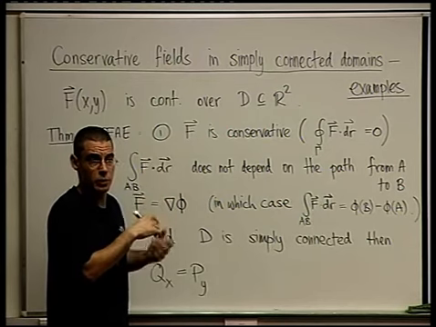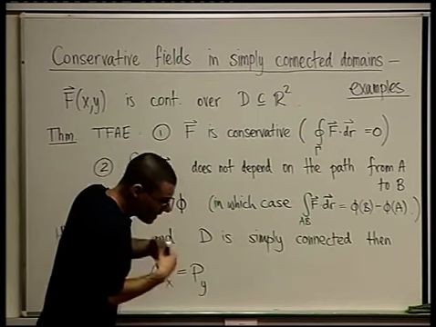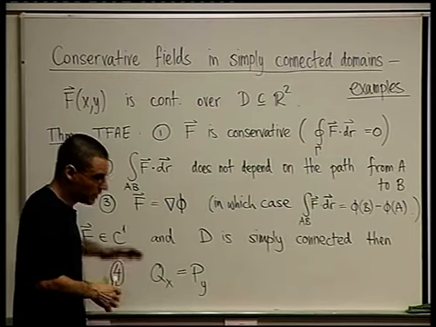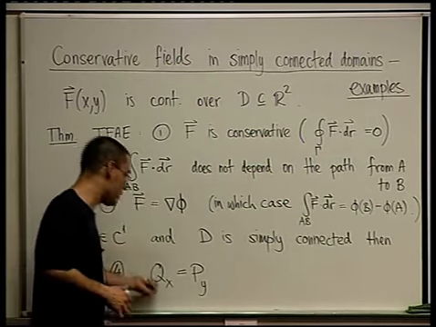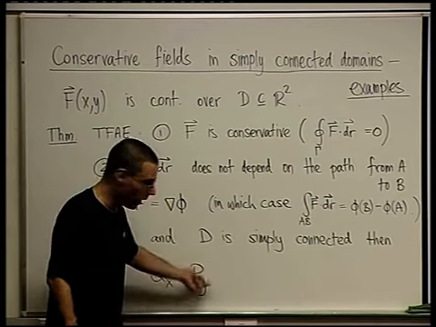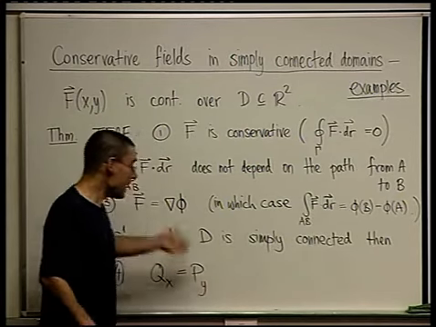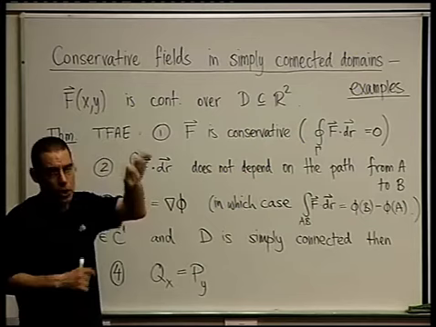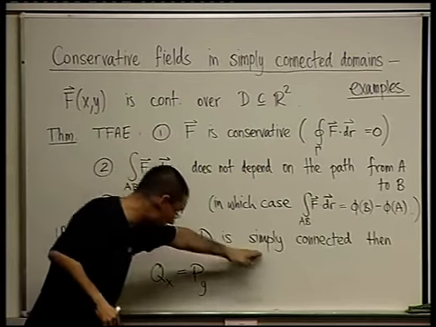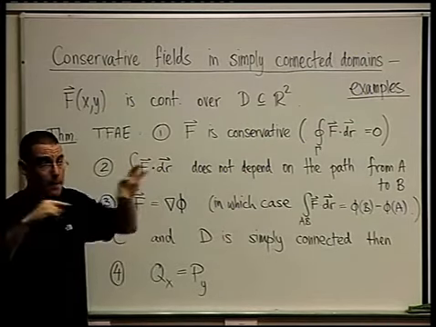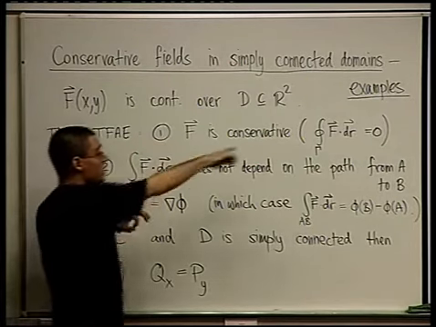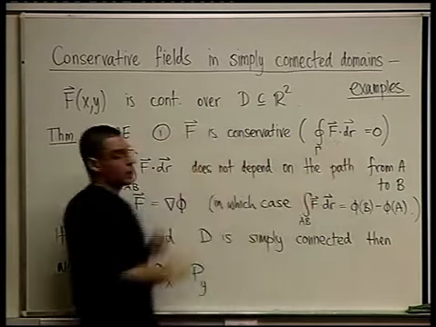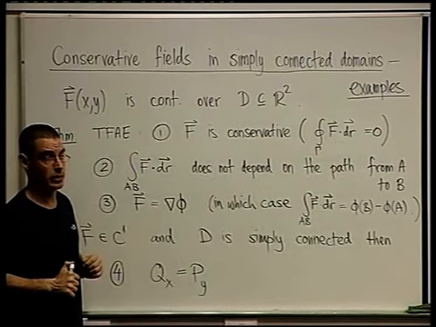Remember that sort of argument that we had? So using that same sort of argument, you can have a statement of this nature, that if Qx equals Py, and there is some curve around the hole, so you're not simply connected, there's a hole, but there's some curve around the hole over which this is 0, then it's going to always be 0. Then the field is conservative.